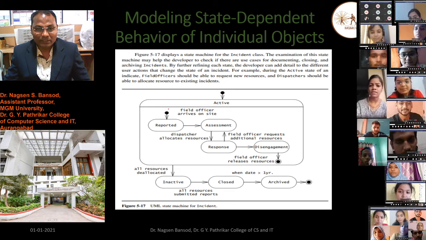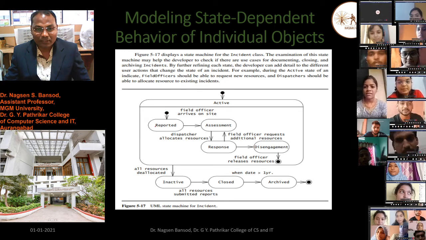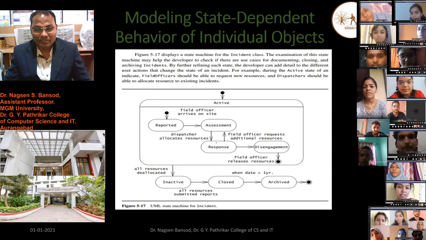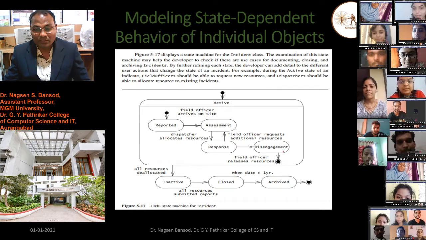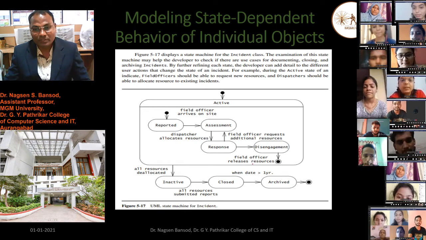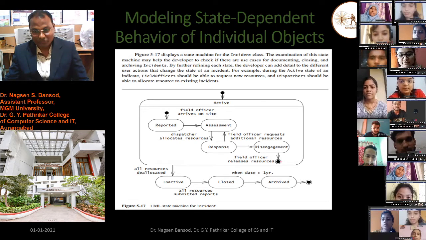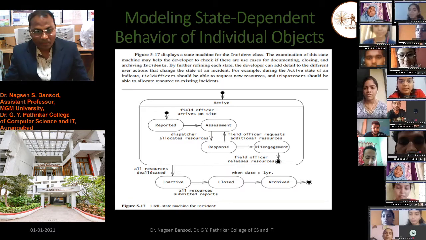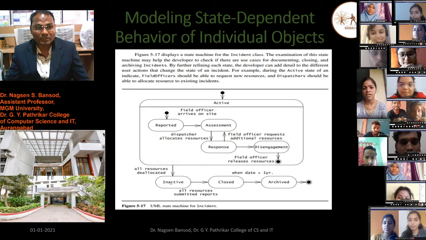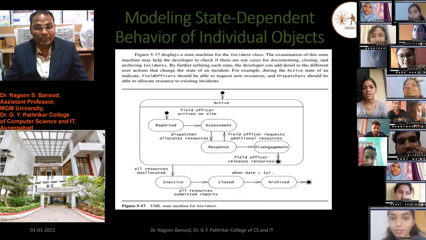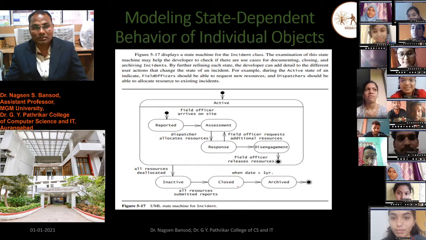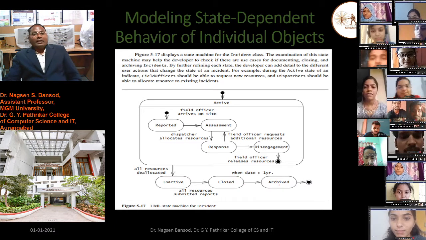In the second state, report and assessment is started, then response in another state, and lastly the field officer releases the resources in another state. All allocated resources are deallocated. When the function is completed, all resources become inactive, and we close and archive.